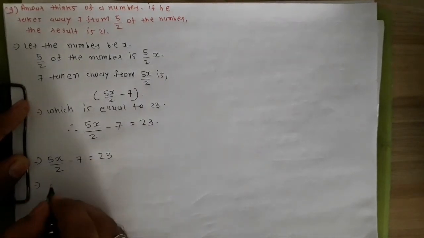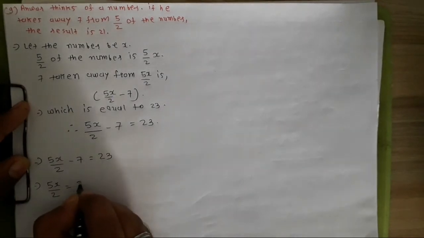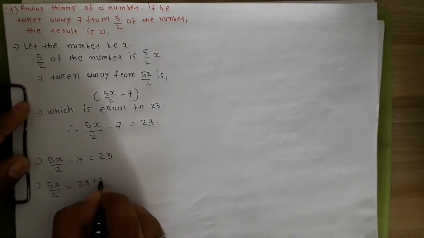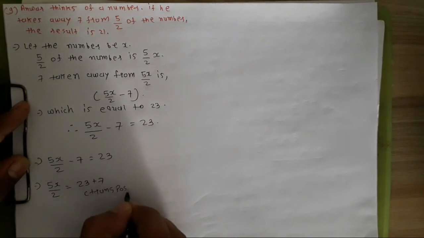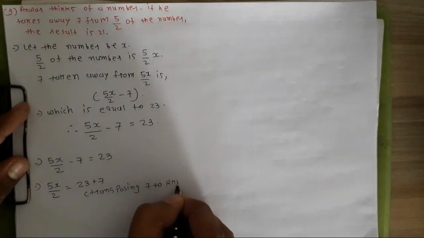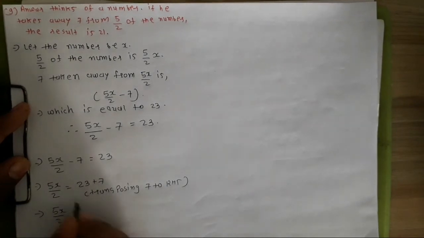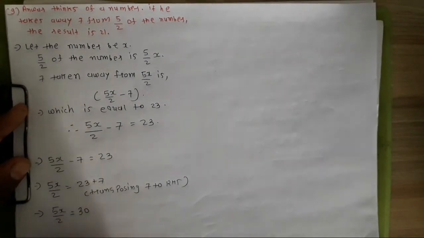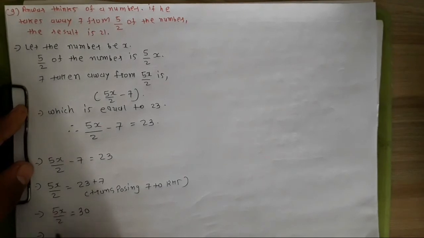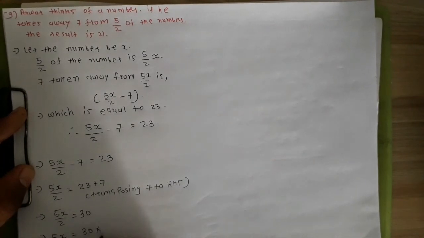Now to find the value of x, 5x divided by 2 is equal to 21 plus 7, transposing 7 to RHS. Now 5x divided by 2, 21 plus 7, the answer is 28. Now this is the value of 5x divided by 2. Now I have to find the value of x. For that, 5x is equal to 28 into 2.